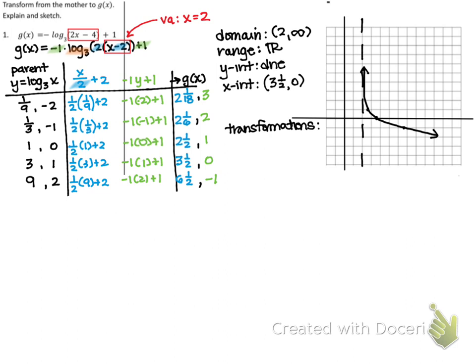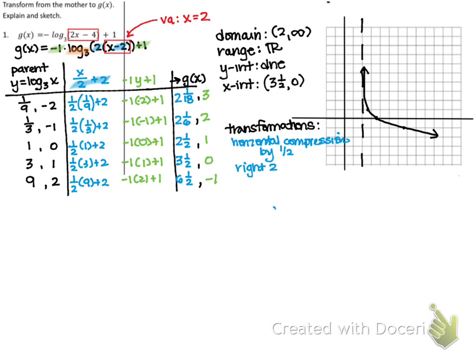So that is, x is in the horizontal direction. So this is a horizontal compression by 2. So horizontal compression by, you can even say a half. Then we've got a plus 2. That tells us that we're going to go right 2.